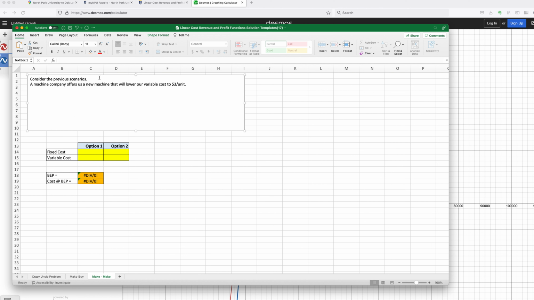Wow, we were paying $9 before in materials and labor. Now we can lower it to $3. That's incredible.